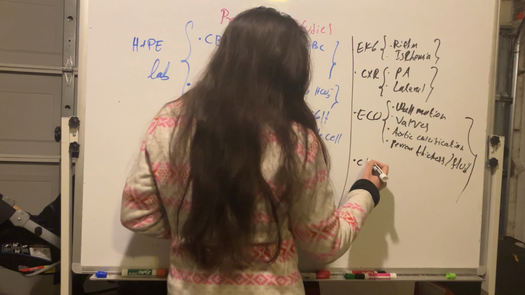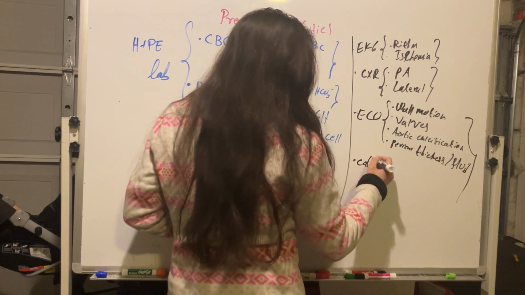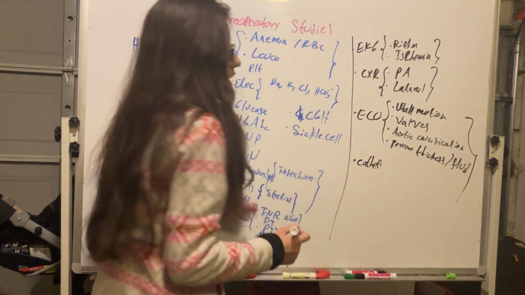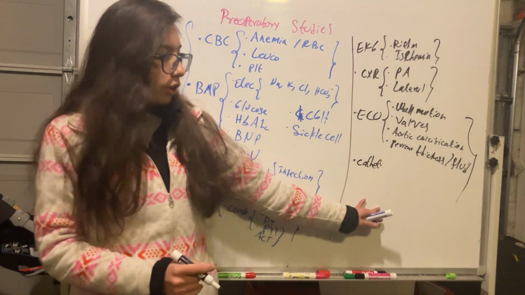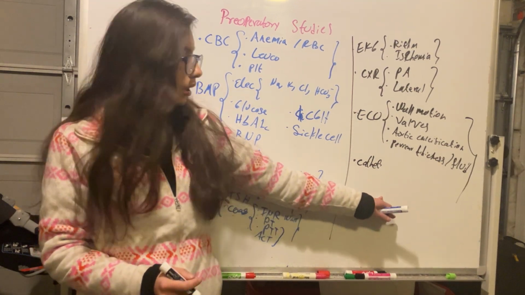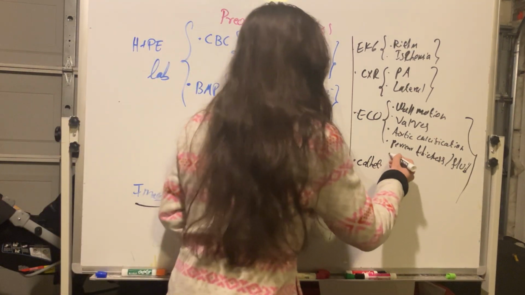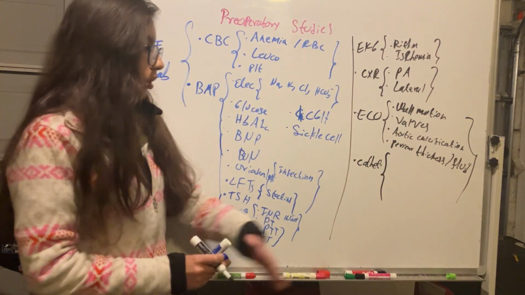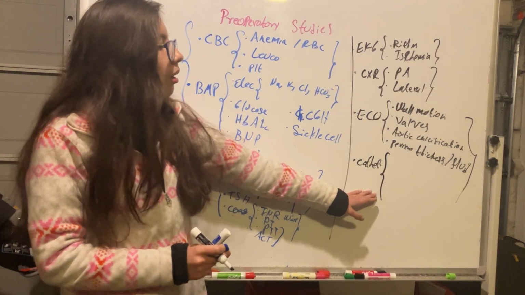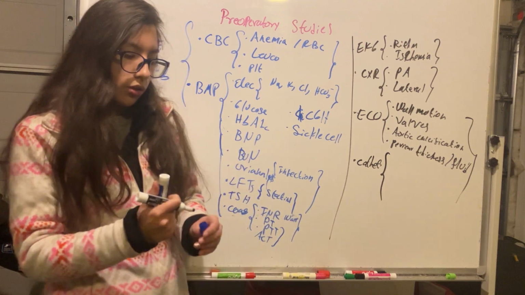We can ask for catheterization. This is, for example, in a patient undergoing coronary artery bypass grafting. We will ask for a coronary catheterization, but there are few contraindications to this.